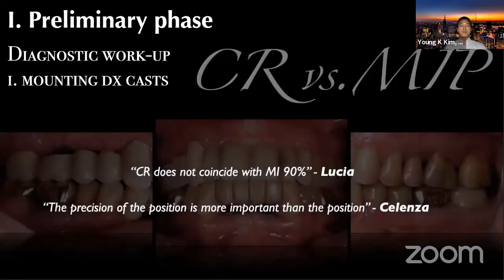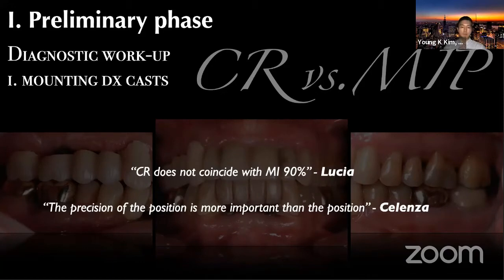Some of the interesting points would be CR, centric relation, does not necessarily coincide with MIP. And surprisingly, that's about 90% of the population. And therefore, the precision of the position of the capture is more important than the real position of the CR.